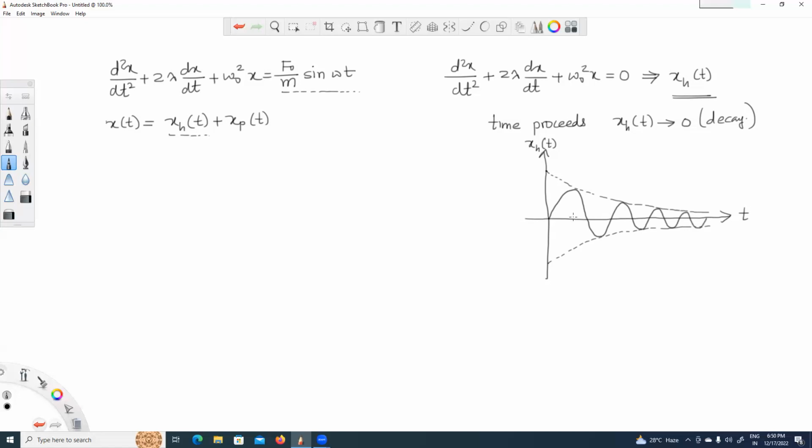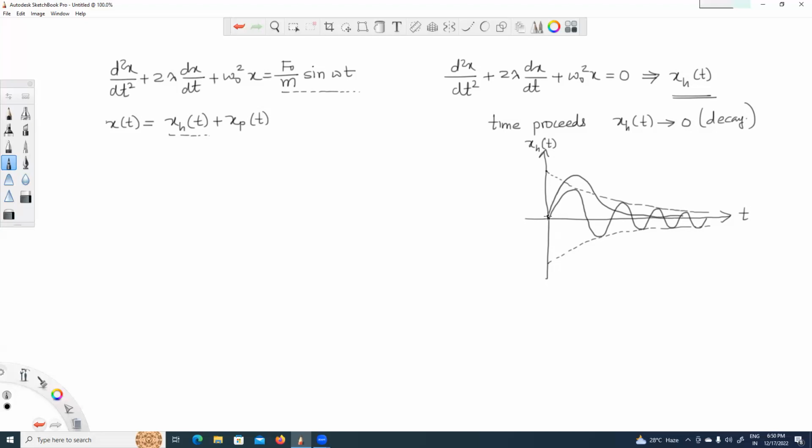So this is underdamped. For the overdamped system, initially it will go to a certain maximum value and then keep decreasing slowly. It will not go to 0 and come back again. You can understand what I mean here.